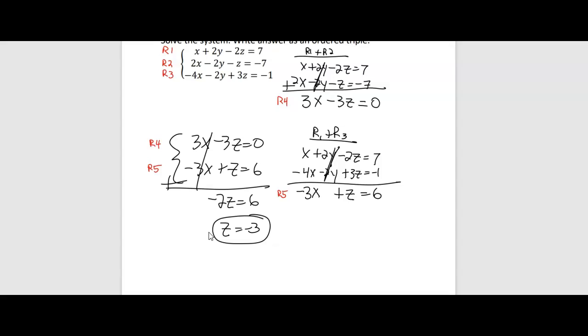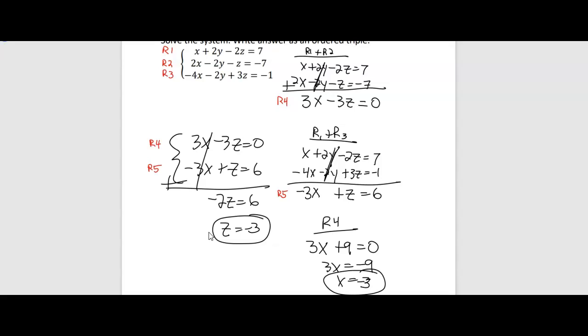So for example, we look at row 4. 3x minus 3z, and z is negative 3. That would be plus 9. So that is 3x equals negative 9. X is negative 3. Nice. Now we have z and x.